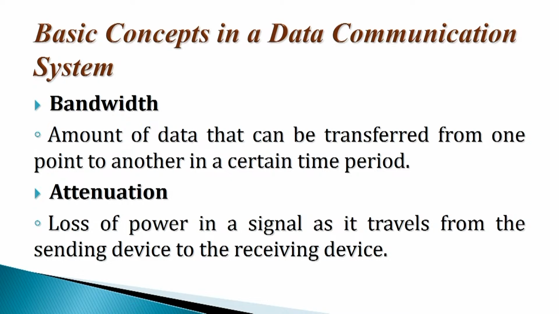Next is attenuation. Attenuation is loss of power in a signal as it travels from the sending device to the receiving device. Sometimes during propagation the signal loses its power, it gets depleted in between. There can be multiple factors, like some reasons of cable, of the wired or wireless medium, or some other factors.